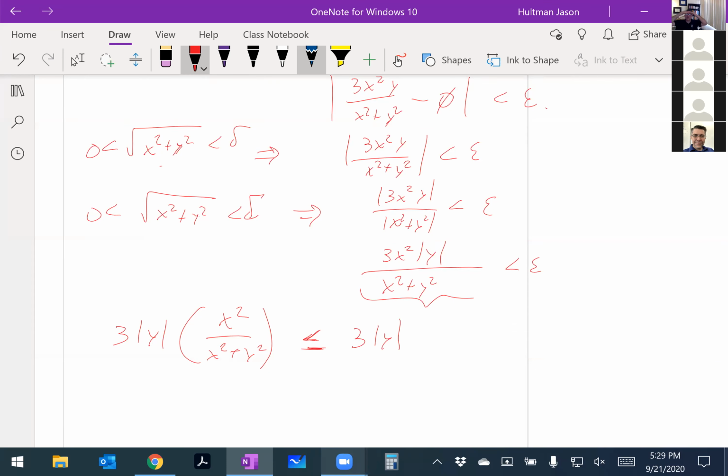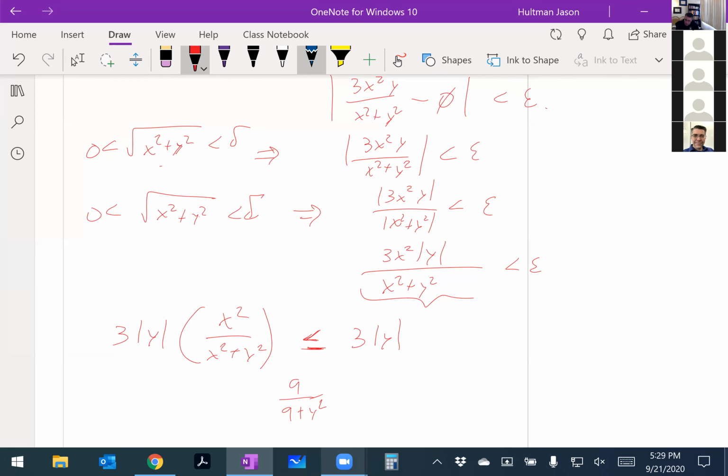And why is that true? Well, because we have a ratio of a value squared over the value squared plus another value, which is always positive. If we take a number, say 9, on the bottom and add to it any positive number, then what's the result?